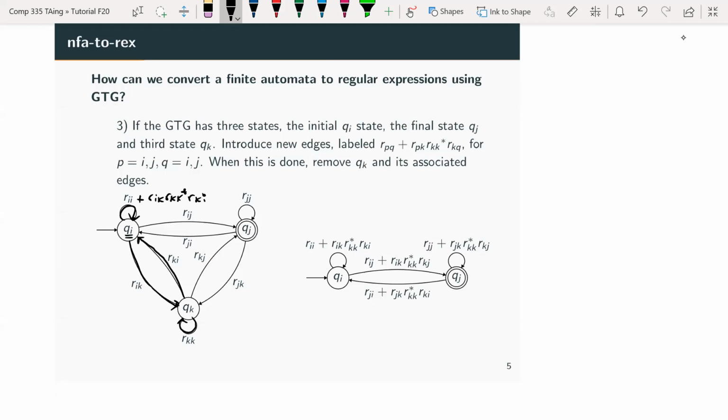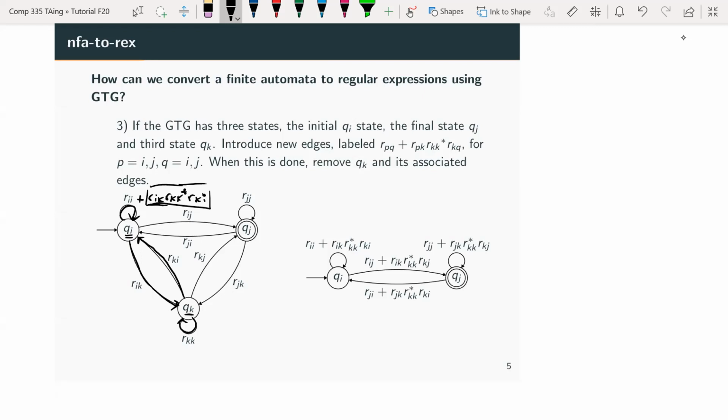This transition that I just added accounts for using QK as an intermediate state. If you're taking the long way, QK is the midpoint.